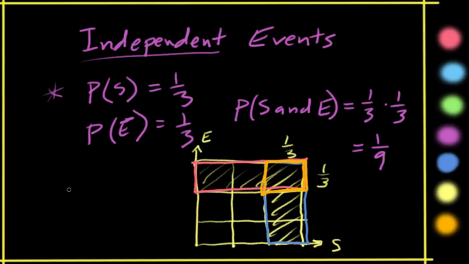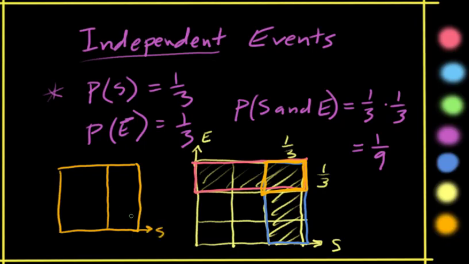If Sam and Ellie studied together, and sometimes they studied and sometimes they didn't, then this probability space might look different. There might be something like this. Let's see. So it might look like, let's say 1/3 of the time Sam gets an A. So this is still Sam over here.